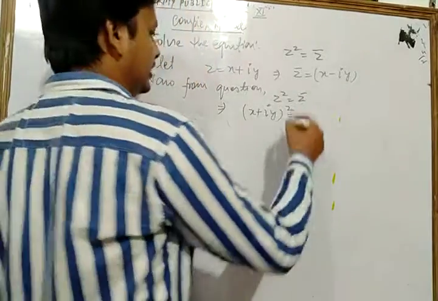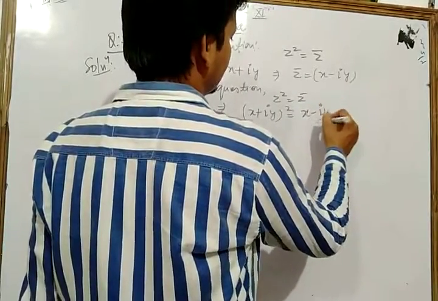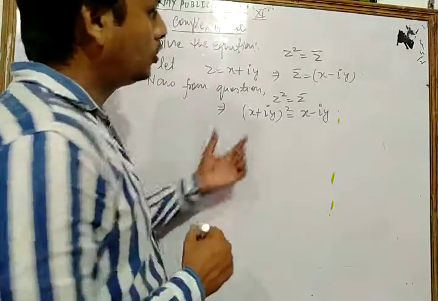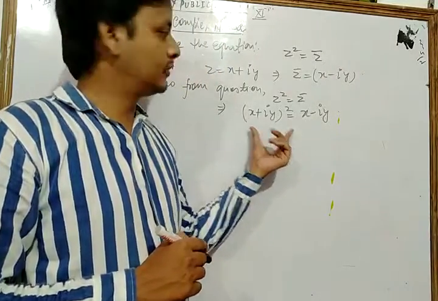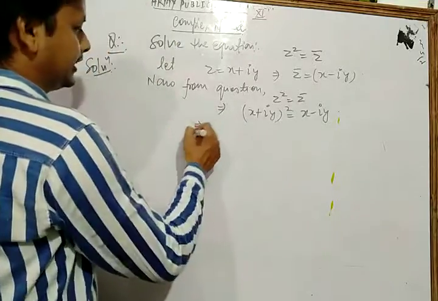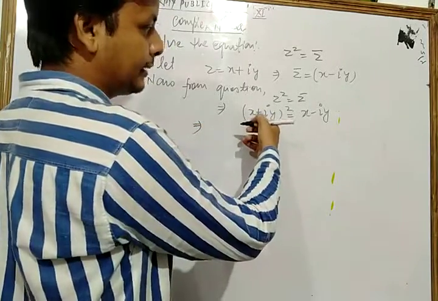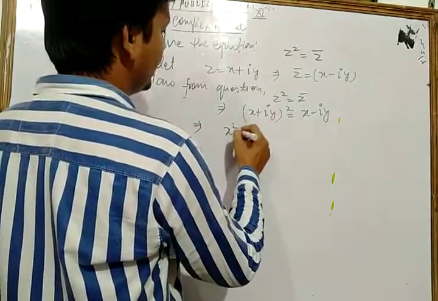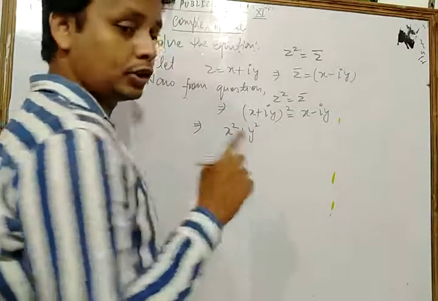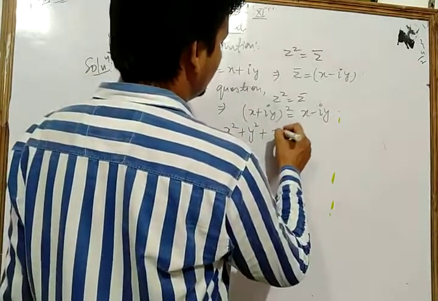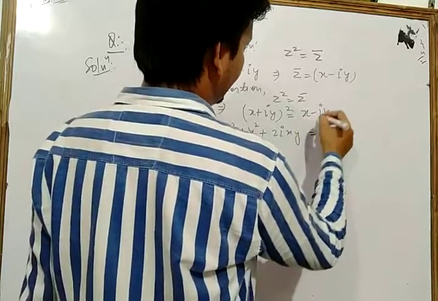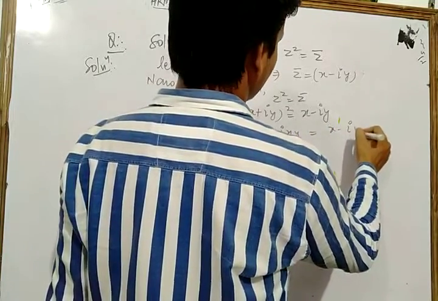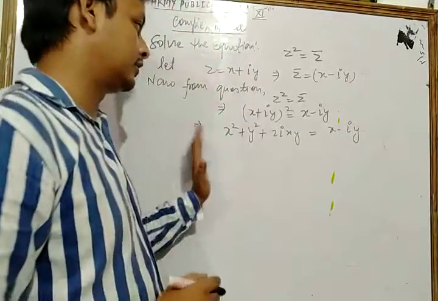Now solving each part, we expand it using the identity (a plus b) whole square, so we get a square plus b square plus 2ab, meaning 2i xy. Here we have x minus iy as it is.